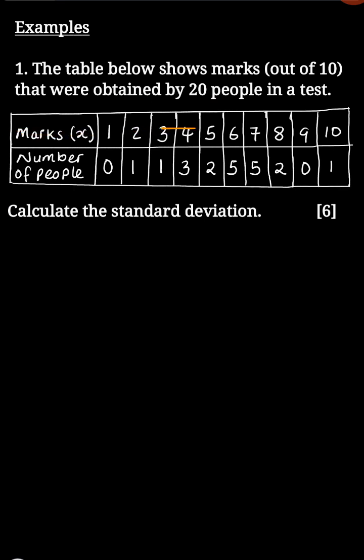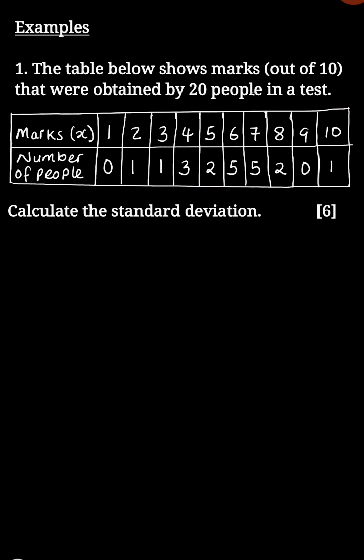The row on top represents our data. Remember, in the introductory lesson to statistics, I mentioned that the numbers on top are your data set, and the numbers that are down represent the frequency.